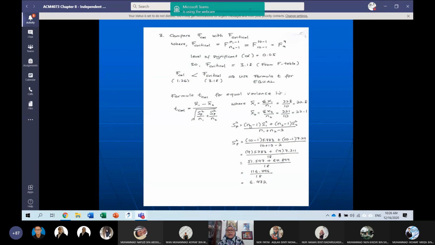S2P is N1 take away 1 times S1 squared plus N2 take away 1 times S2 squared.